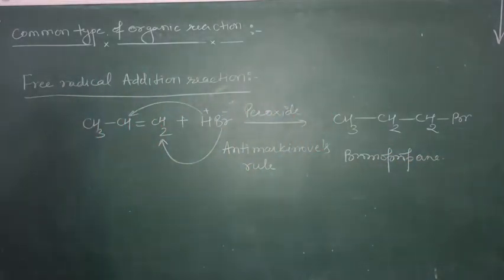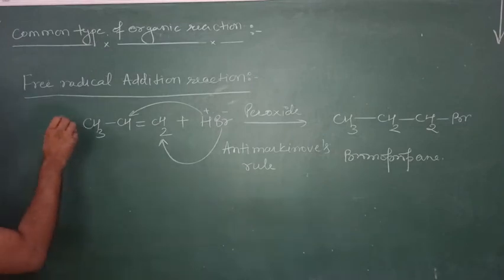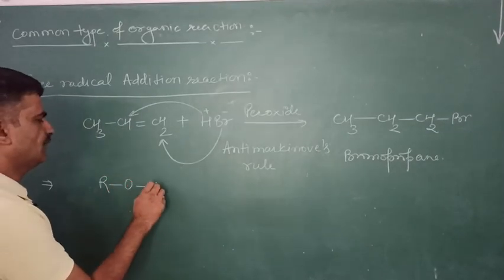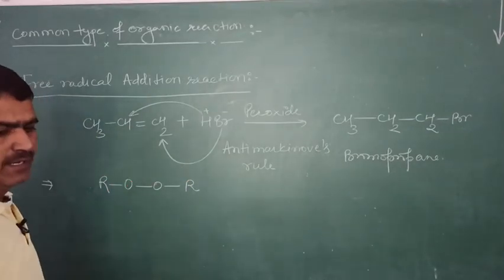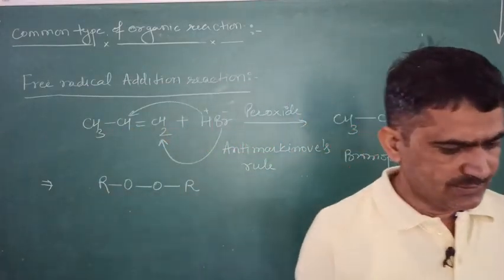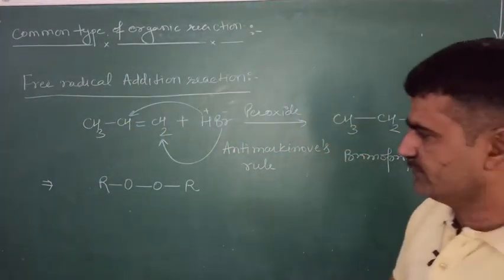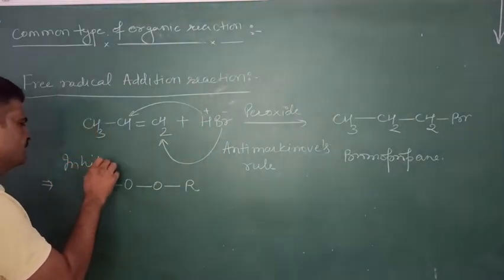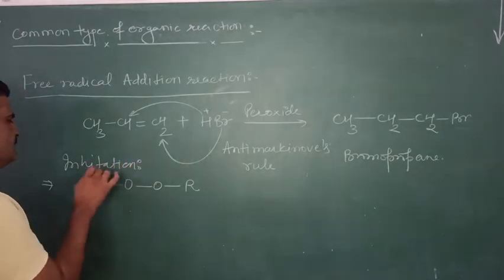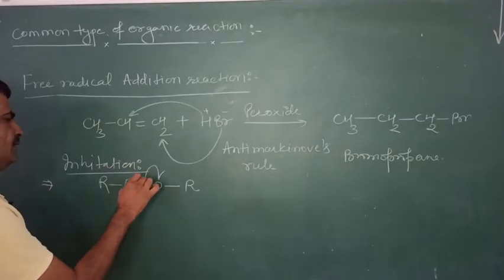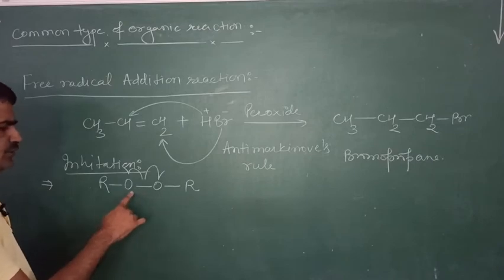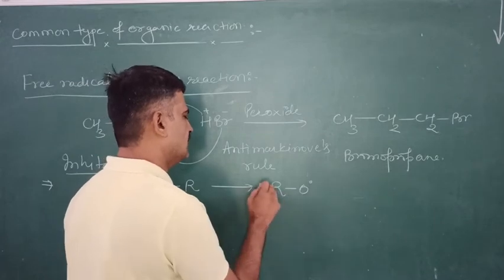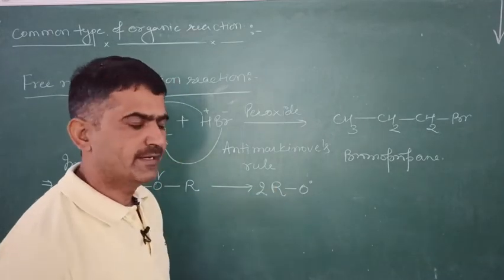What is the mechanism of the reaction? How will we generate the free radicals? Now first we take a peroxide. This is a peroxide, and this is known as the initiation step, initiation of the reaction. The oxygen-oxygen peroxide bond is broken now, and it forms an alkoxy free radical.